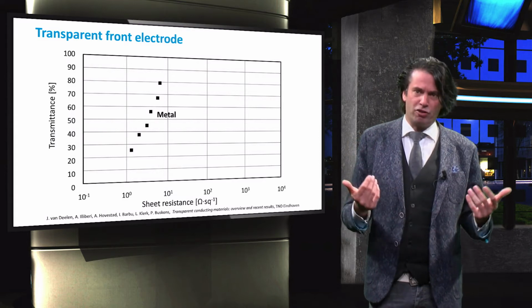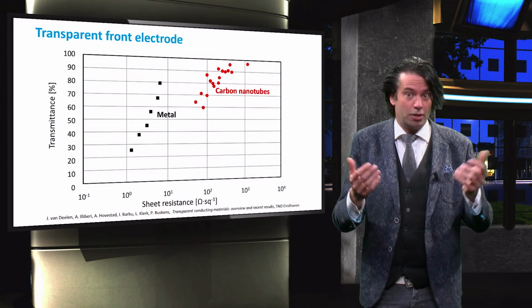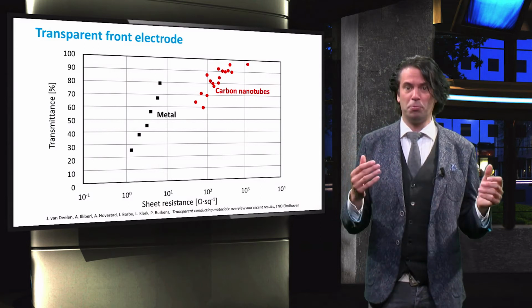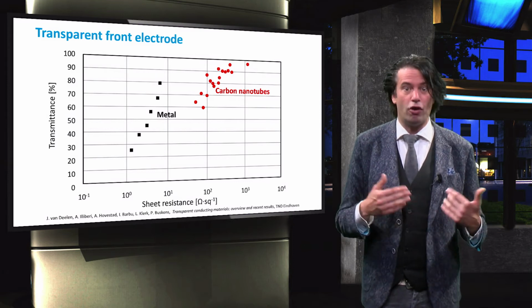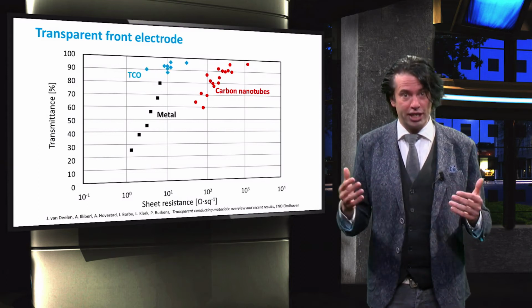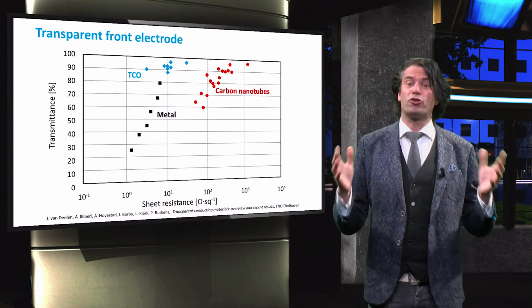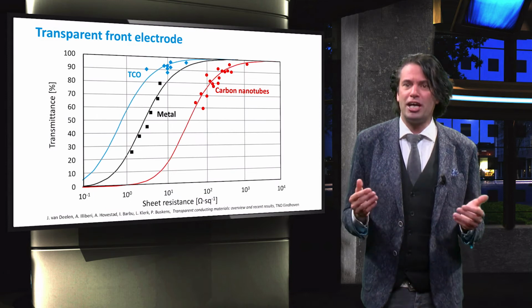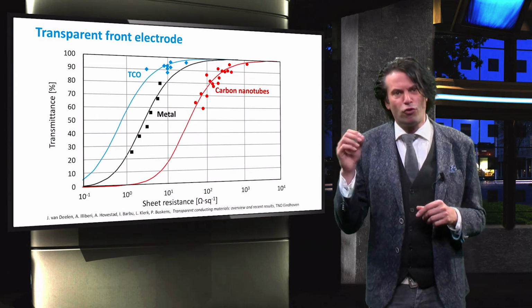The same trade-off between the conductivity and transparency is observed in carbon nanotubes. The performance of carbon nanotubes is, however, up to now much lower than that of other materials available, such as transparent conductive oxides. Transparent conductive oxides follow the same trend of transparency versus sheet resistance, but their performance is much better.